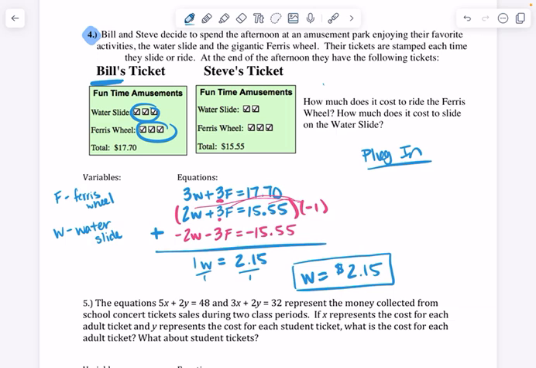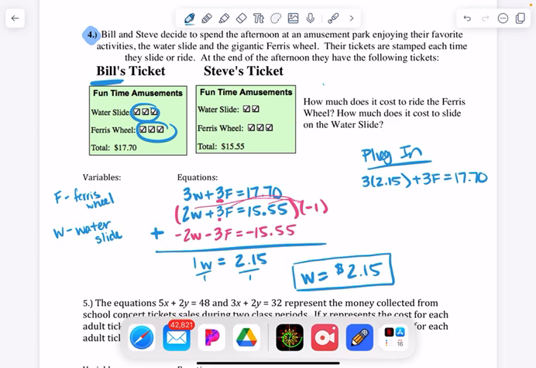Okay, pick one of your equations to substitute your W into. I'm just going to pick the first one since it's not messed up. So 3, we found W. So 3 times 2.15 plus 3F has to equal 17.70.